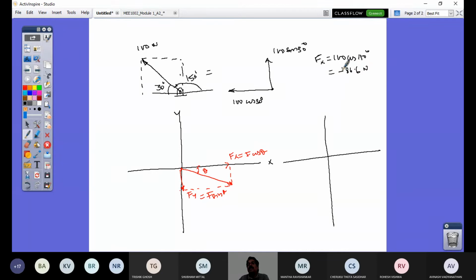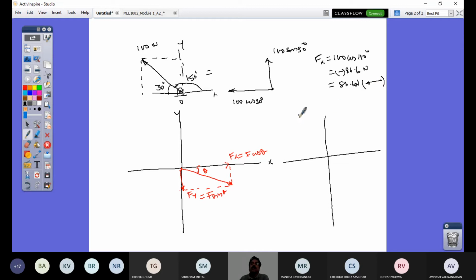So what does this minus sign say? This minus sign says that it is directed to the left. If this is my origin, and this is my positive x-axis and positive y-axis, then my component in the horizontal direction is towards the left. That is the meaning of it. So you remove this minus sign, write 86.6 Newton and show the direction to the left like that.